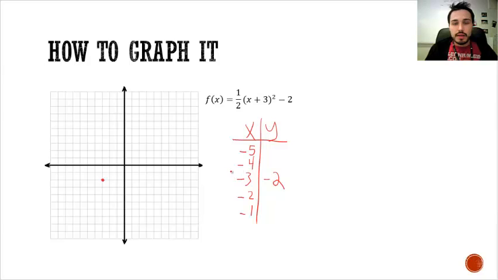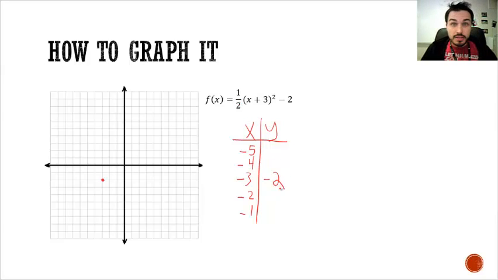Now, here is a nice little trick, and this is actually going to be an answer to one of your WSQ questions. The trick here is you can use the A value to generate the next point above and below the vertex by just adding or subtracting that A value to your vertex.